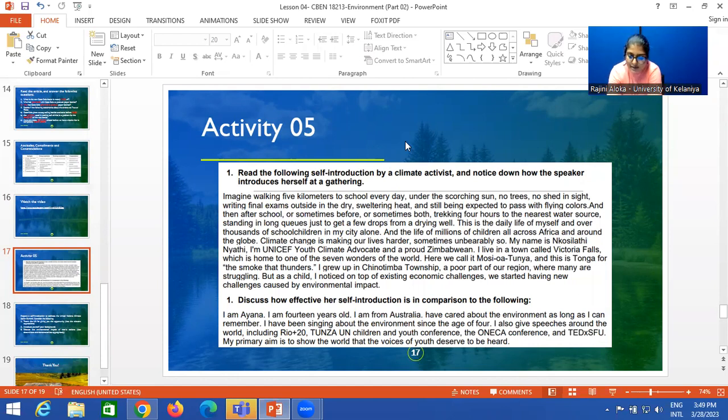Imagine walking 5 kilometers to school every day under scorching sun, no trees, no shade in sight, writing final exams outside in the dry, sweltering heat, and still being expected to pass with flying colors. And then after school, or sometimes before, or sometimes both, trekking for 4 hours to the nearest water source, standing in long queues just to get a few drops from a drying well.